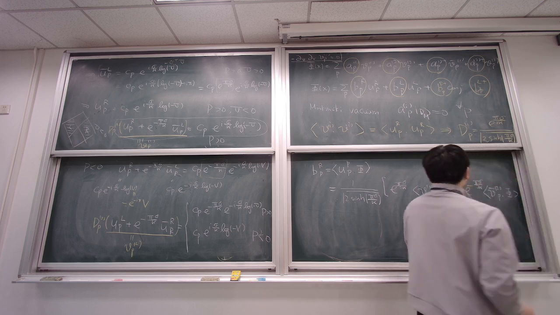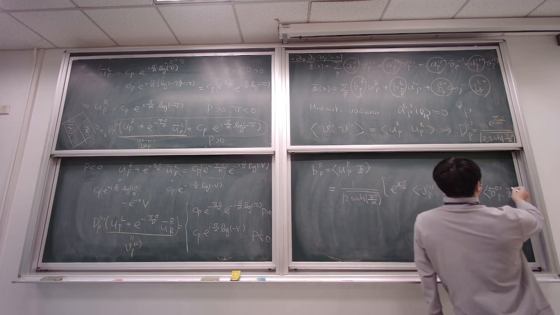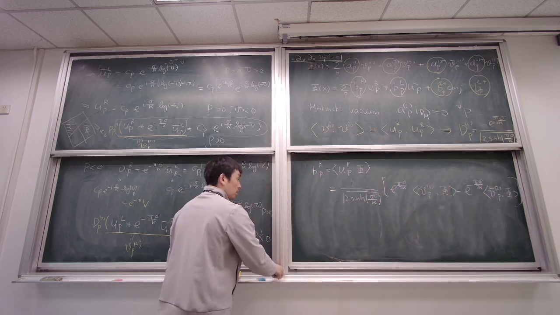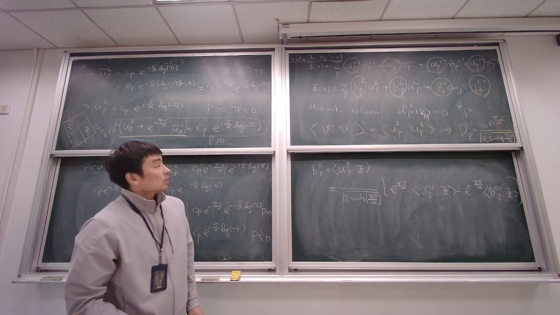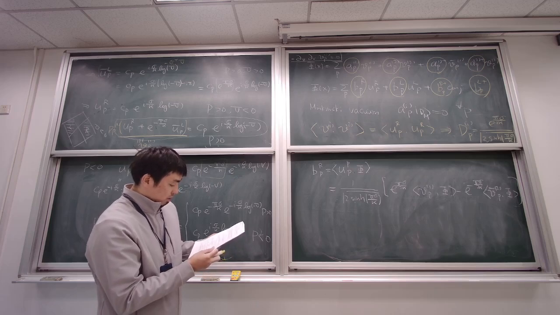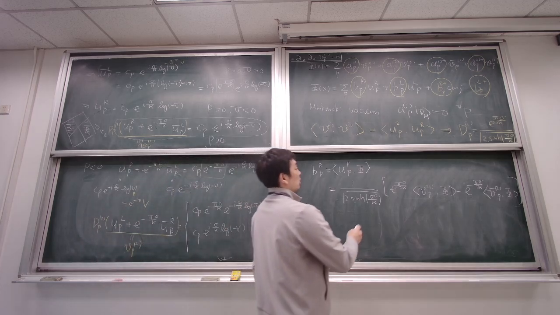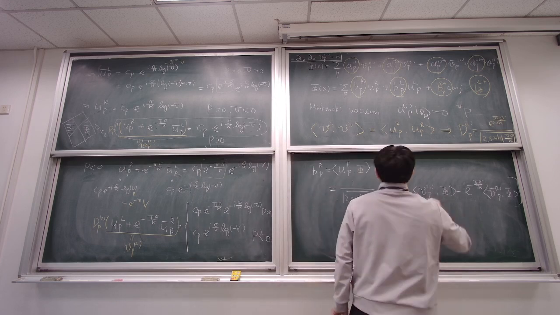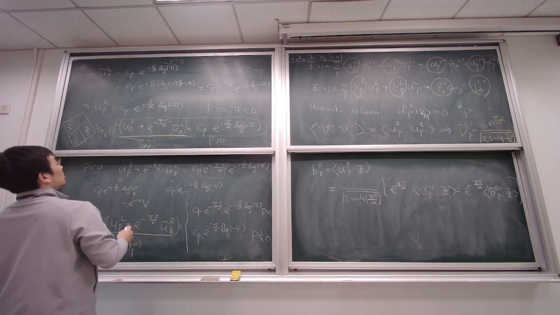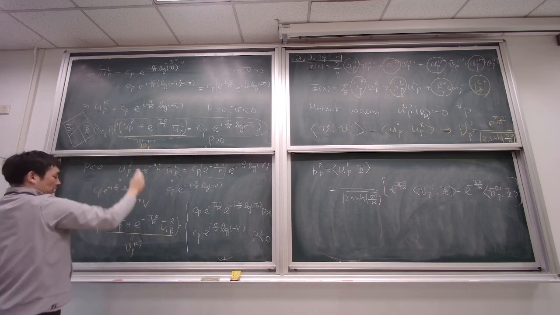Okay, that's what you can show from the relation between U and V. So we call this B1 and this is B2.